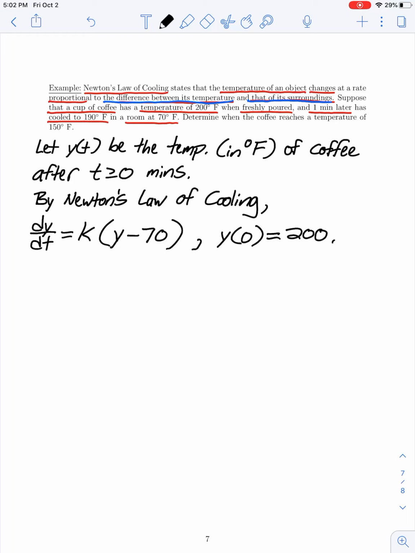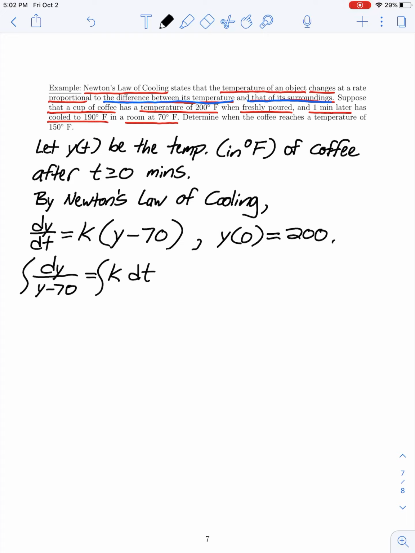Now, using separation of variables, I could write this equation as dy over y minus 70 is equal to the constant k times dt. And then to eliminate the differentials, we can integrate on both sides.